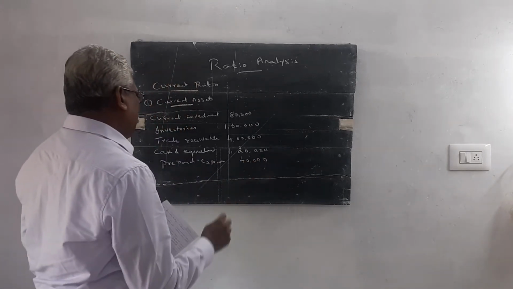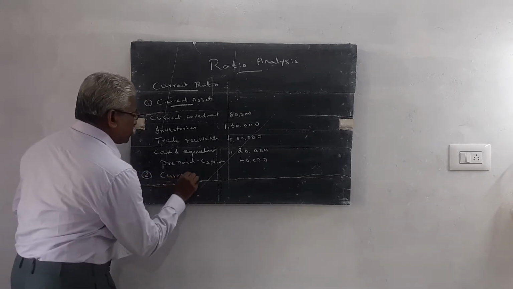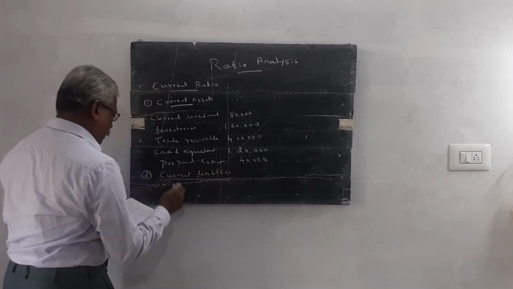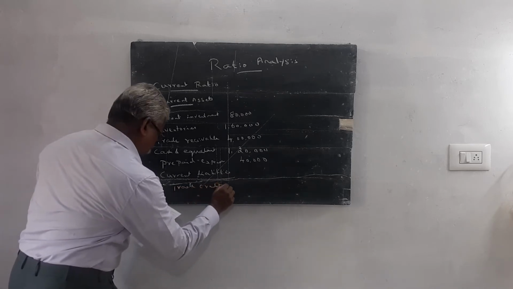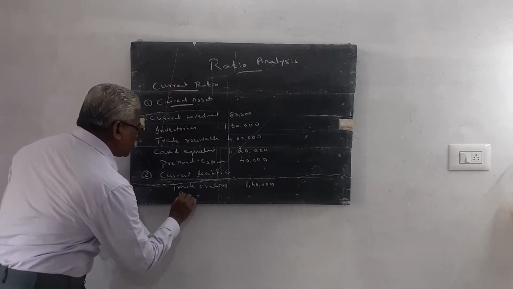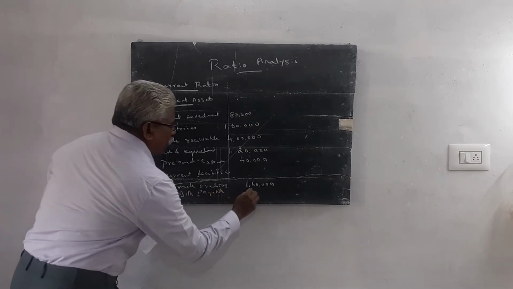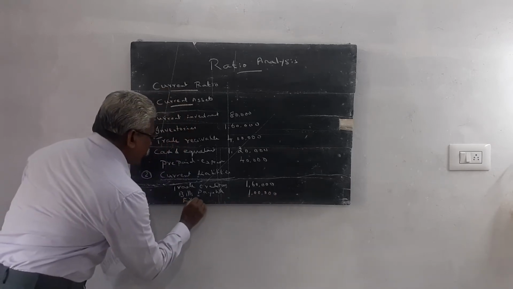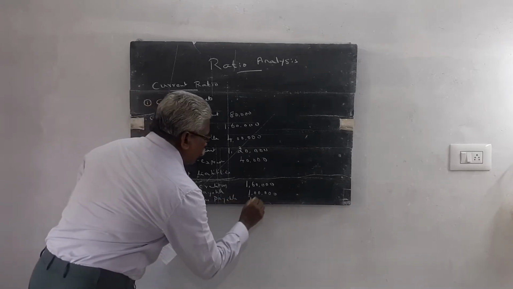Then current liabilities are also given in the question: trade creditors 1,60,000; bills payable 1 lakh; expenses payable 1,40,000.